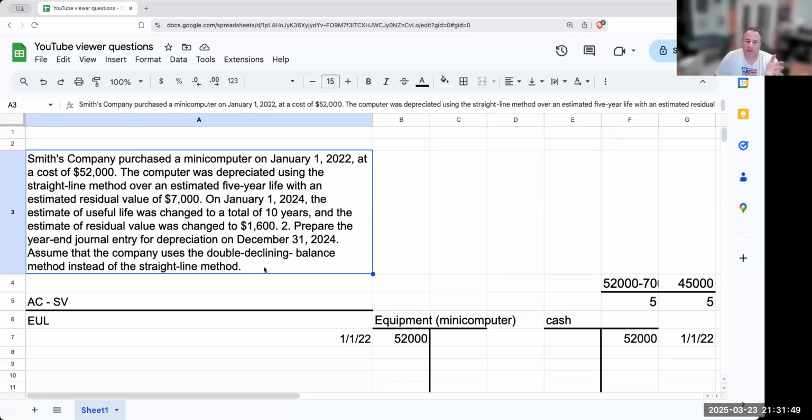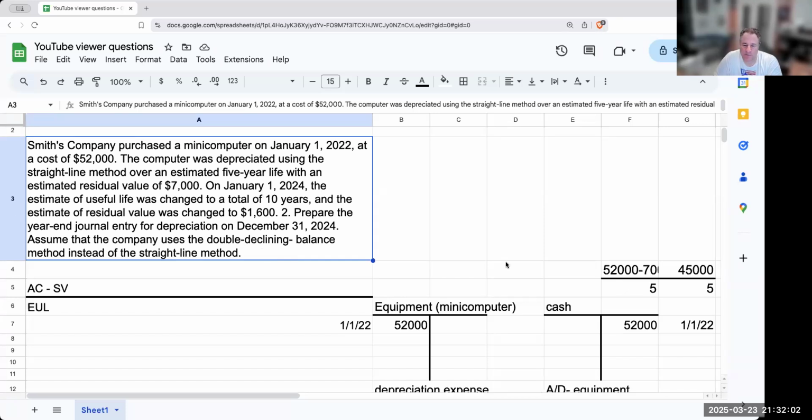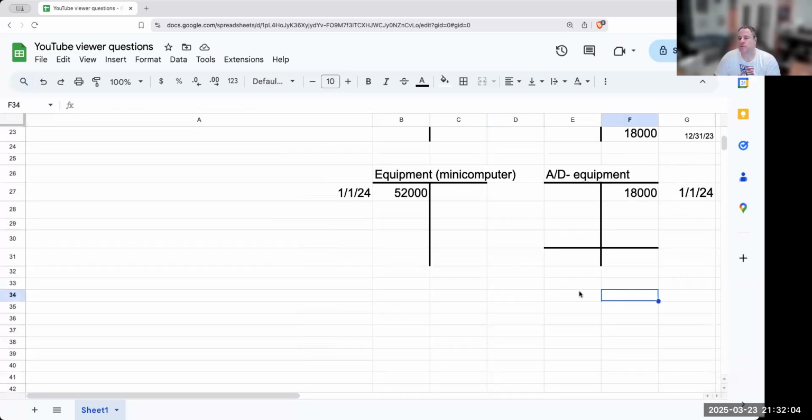So when we're going over here, I'm assuming that we're adopting a new methodology, right? So over here, we're now using double declining balance instead of straight line, effective January 1st, 2024. So when we do double declining balance, this is basically going to be my cost less the accumulated depreciation, divided by the estimated useful life.